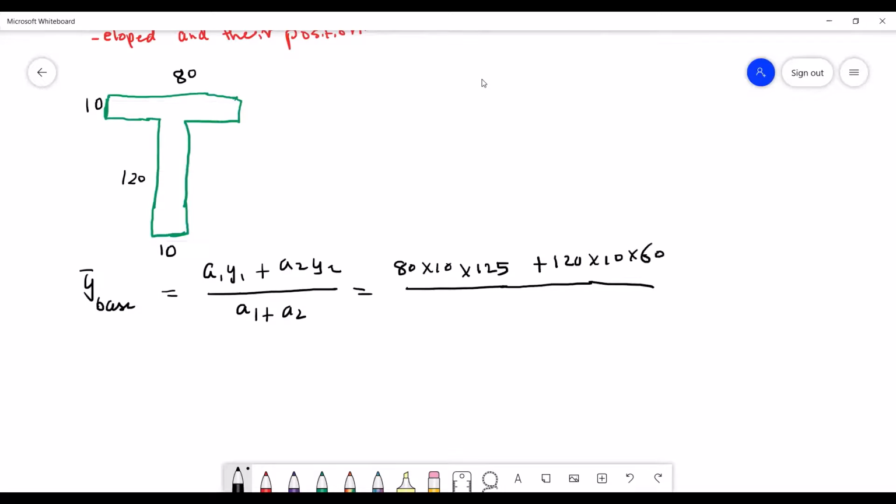Here it will be 80 into 10 plus 120 into 10. So we are going to get this as 86 millimeter.